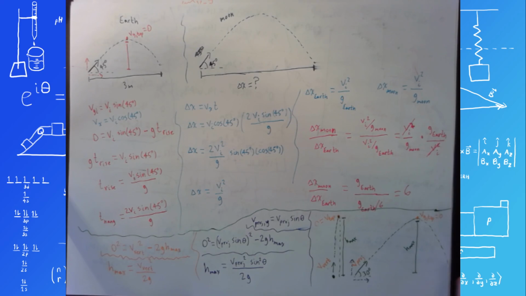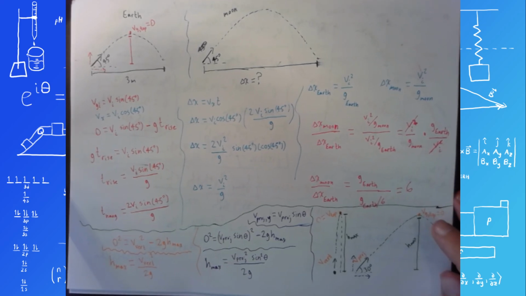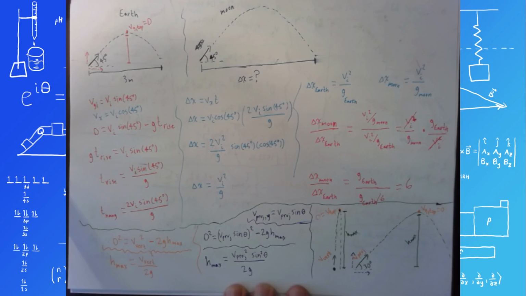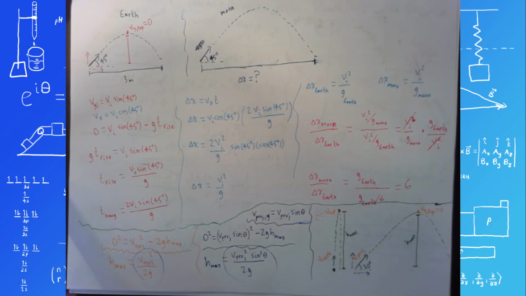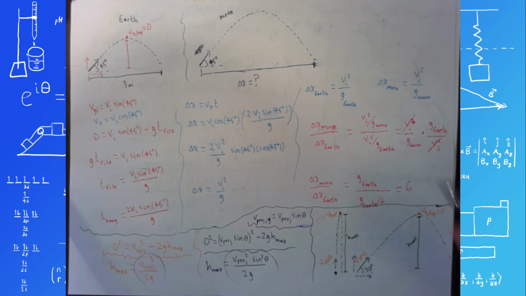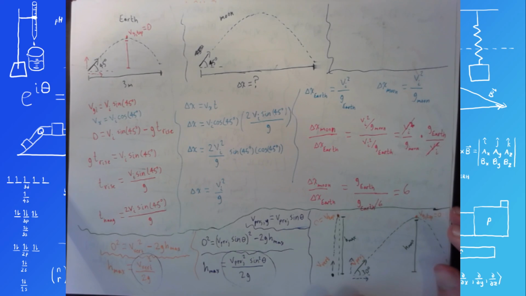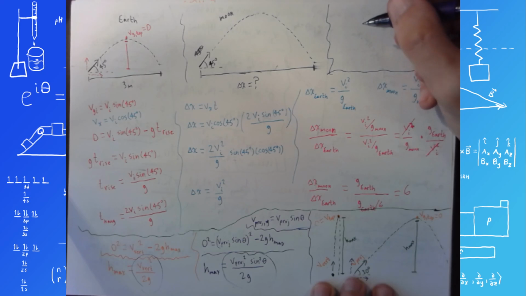All right, so these h maxes need to be equal to each other. So I'm going to set this equal to this and figure out what the ratio of v vertical and v projectile have to be in order for this to work. And I'm going to take advantage of that last little corner of free space I have on this page. It's better to have it all on one sheet instead of having to constantly flip back and forth.